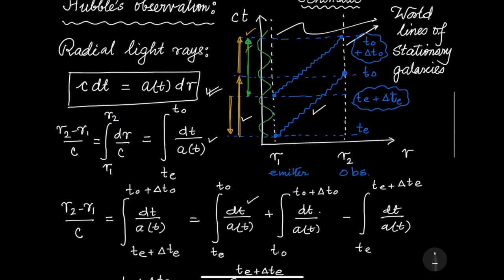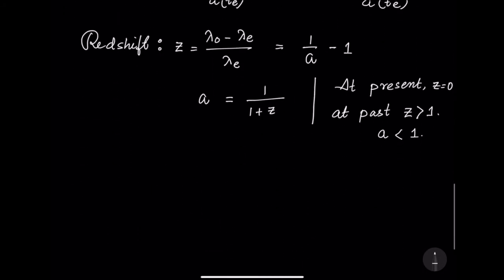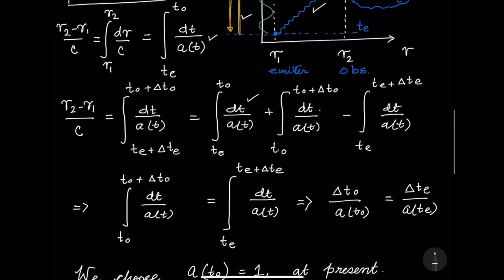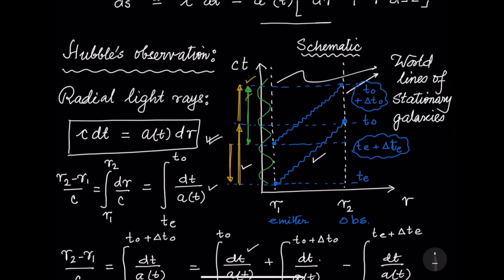Now if you look at this expression, we have A as a function of t times dr. This is giving you the length for anything. And as we said, in this way of seeing, as the universe progresses in time, r2 minus r1 doesn't change.